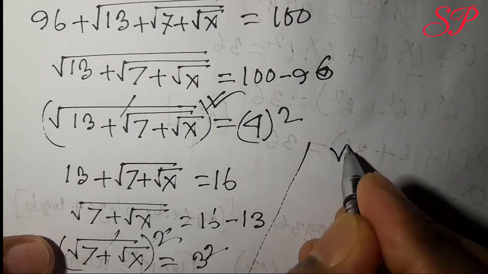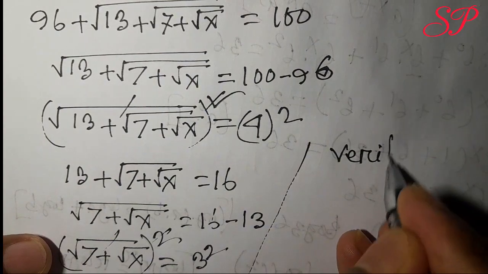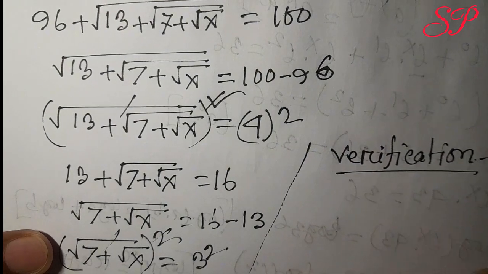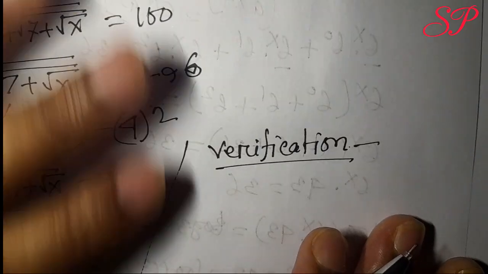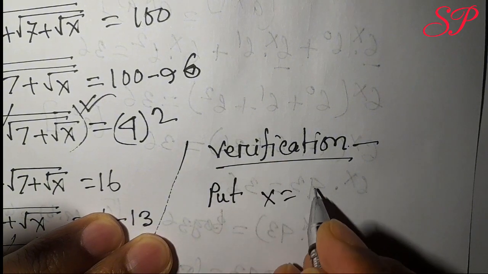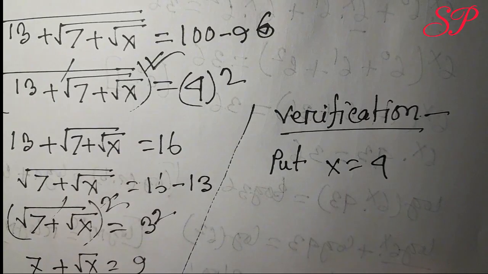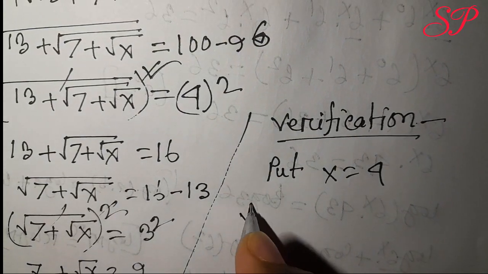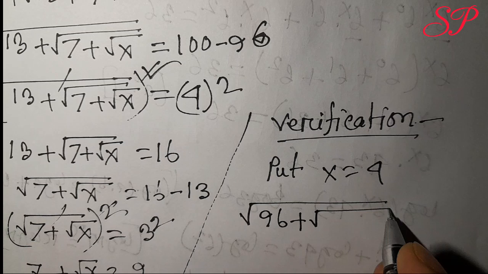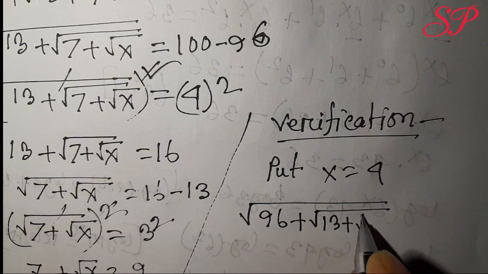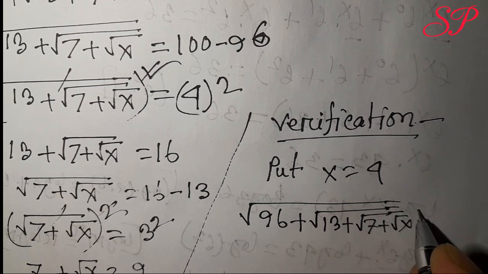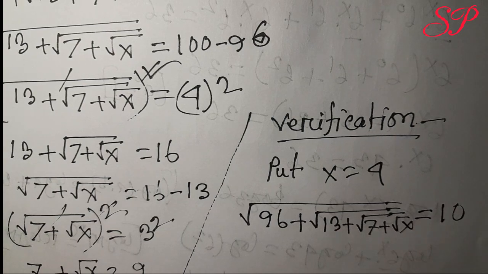Now we do the verification. We put x is equal to 4. The equation is 96 plus root over 13 plus root 7 plus root x is equal to 10.